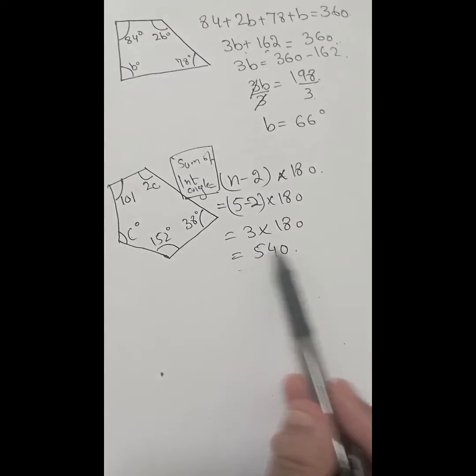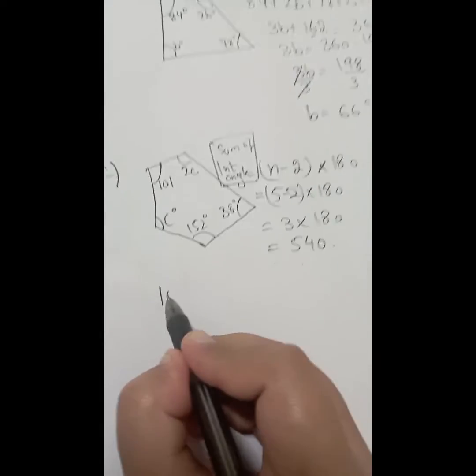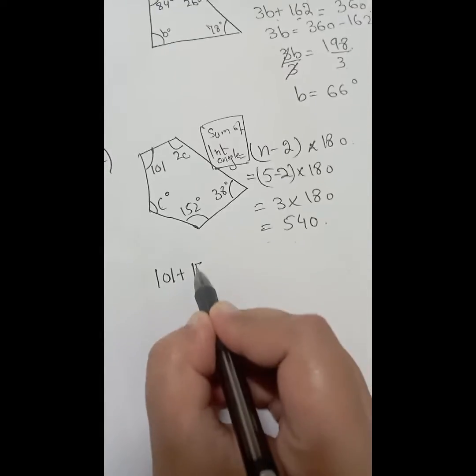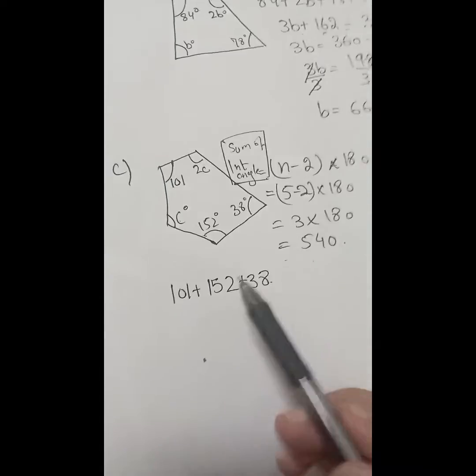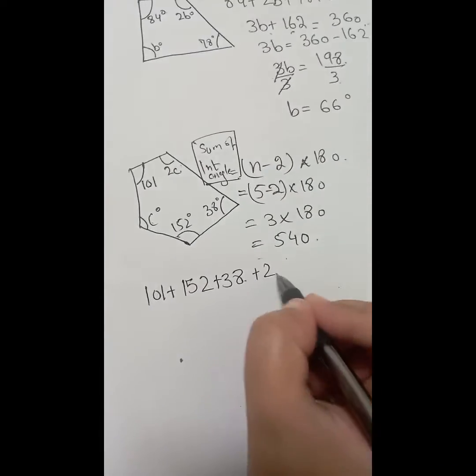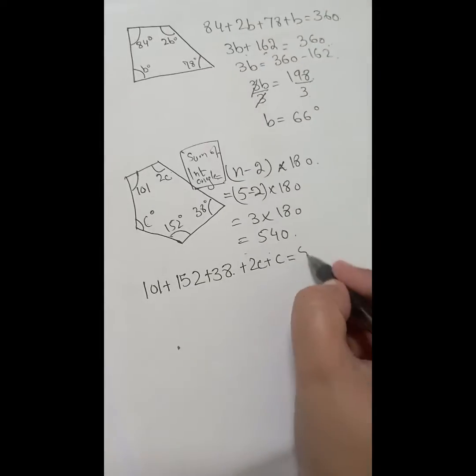Now let's take the sum of all the interior angles, adding 101 plus 152 plus 38. I already added the constant terms together, and I'm adding the 2c and c so that they're organized as like terms, and that is equal to 540.